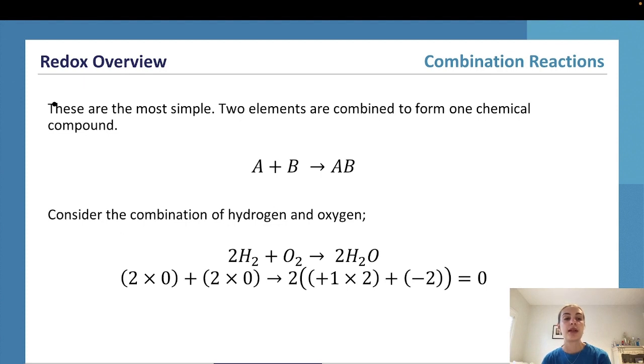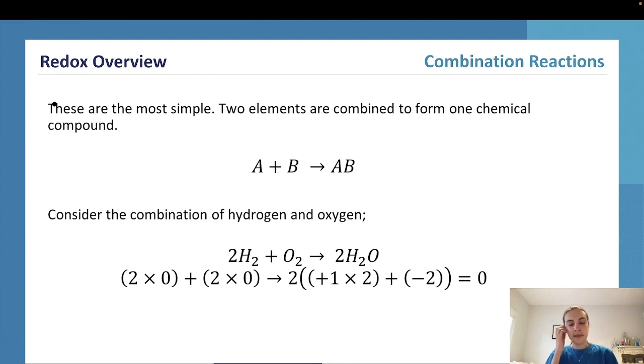And so we can consider the combination of hydrogen and oxygen. So for example, where we've got 2H2 plus O2, and that's going to make 2H2O.